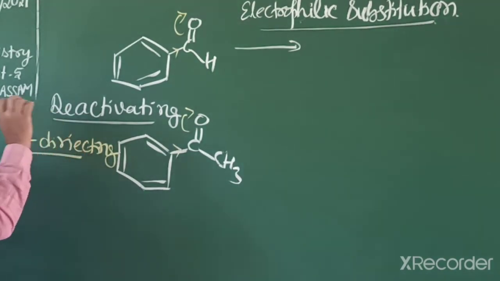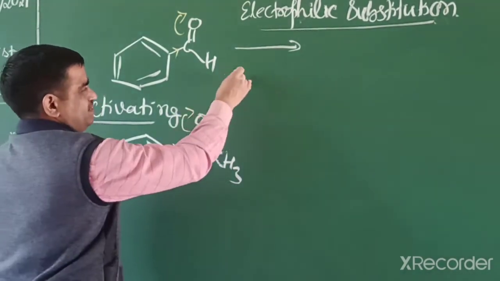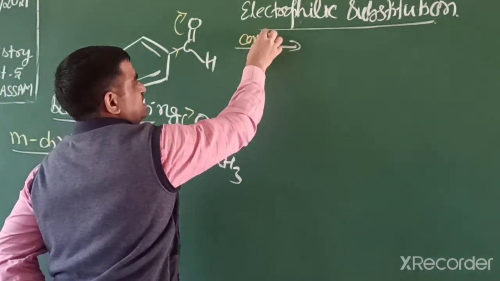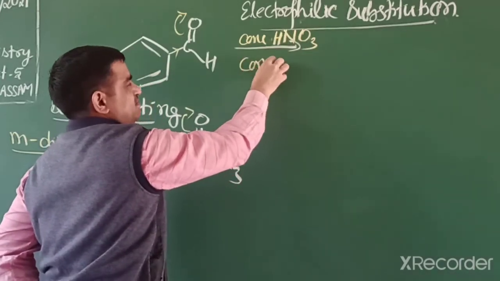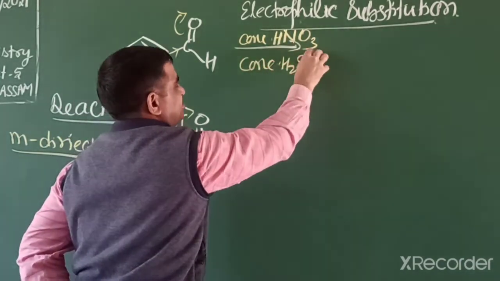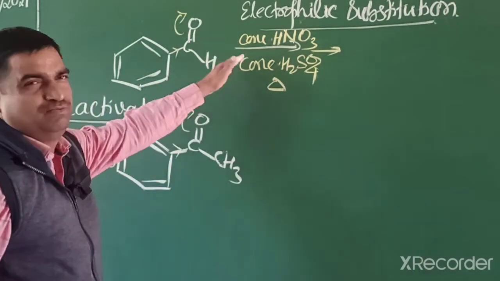The incoming electrophile occupies the meta position. If we apply nitration, we need concentrated nitric acid and concentrated sulfuric acid and some temperature also to form the electrophile.